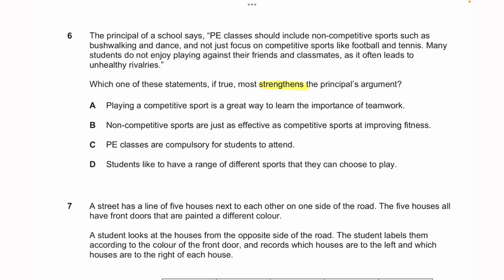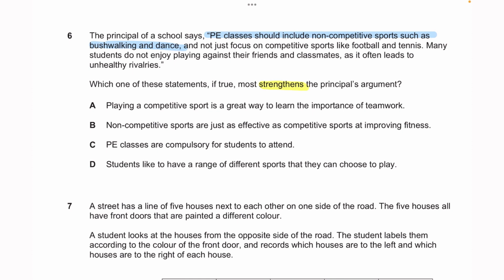The principal of a school says PE classes should include non-competitive sports such as bushwalking and dance, and not just focus on competitive sports like football and tennis. So I think we've just identified our main idea, the main argument, which is that classes should include non-competitive sports such as bushwalking and dance. Now we're going to identify the evidence being used.